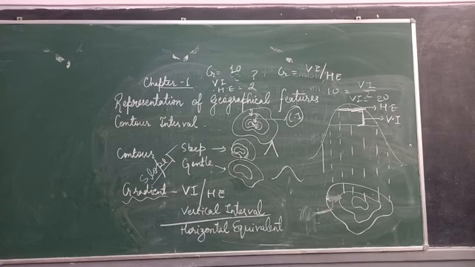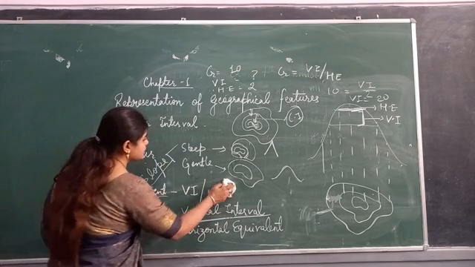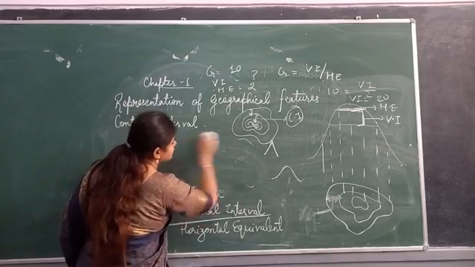In the next class, children, we will study in detail about the landforms, like spur, ridge, conical hill, in a very brief description. You can determine the landform features by the contour lines. If we are talking about the conical hill, what is conical hill?